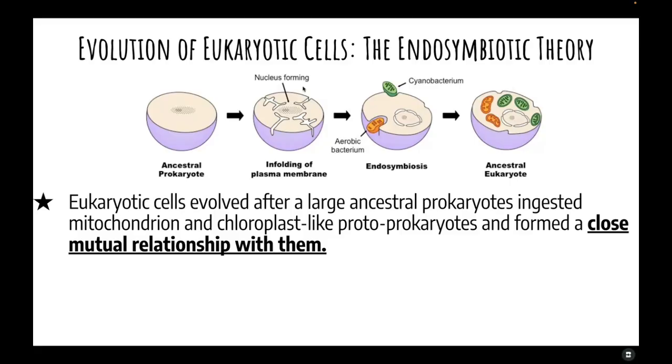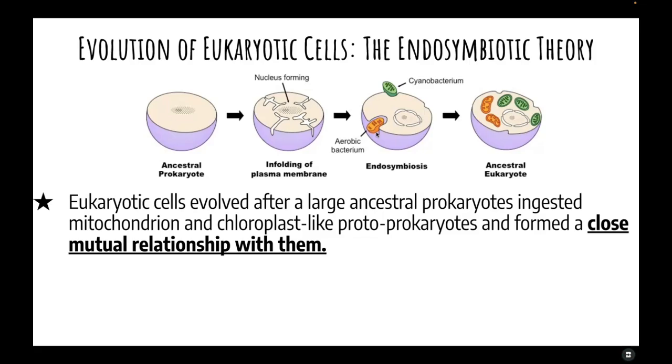Instead of digesting them, they formed a partnership with them. And so the small prokaryotes that were good at using oxygen for energy became the mitochondria. All right, so you can picture the mitochondria, which people refer to as the powerhouse of the cell, became efficient at converting things into energy, and it did so by using oxygen.